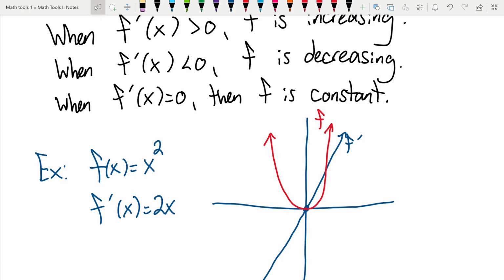So this again just connects back to the fact that the derivative tells us the slope of the tangent line to the function at that point. If the slope of the tangent line is negative, then the function would be decreasing, right? If I just draw a tangent line here, basically when this line is decreasing, the function's also decreasing. And if this line was increasing, the function would also be increasing.